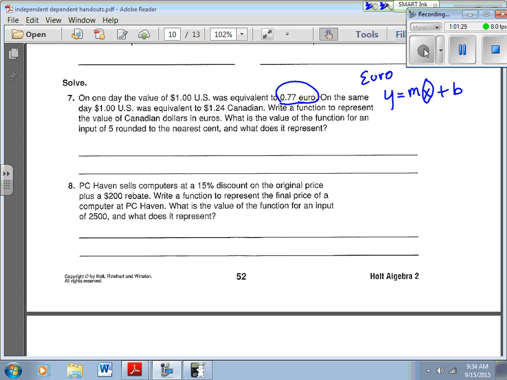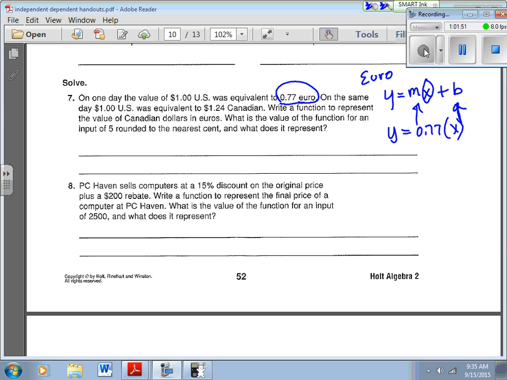My rate of change usually is represented by which one of these two? M. So your equation would be y equals 0.77 times x plus 0. All right?